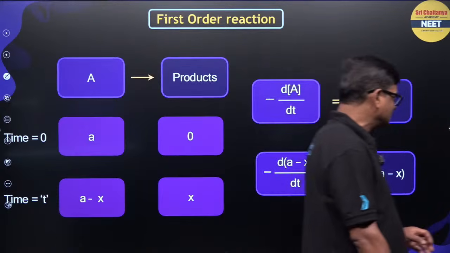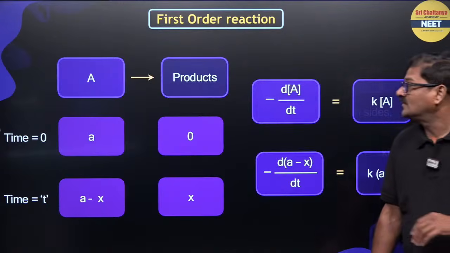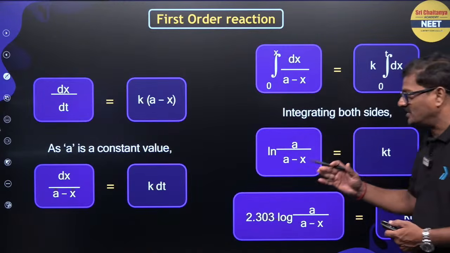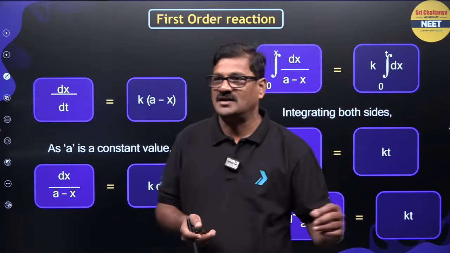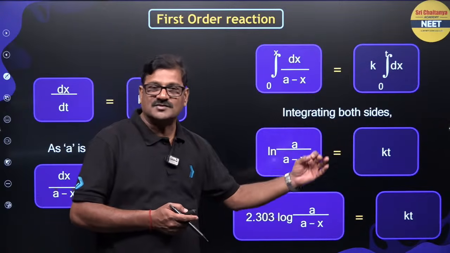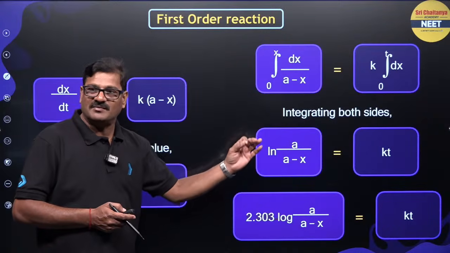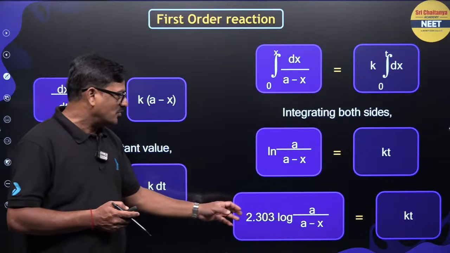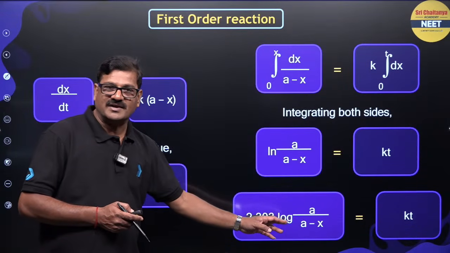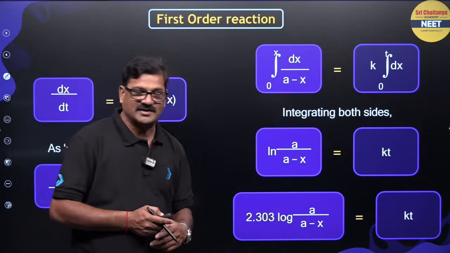Let us integrate here. When you take this integration from 0 to time t, and concentration from A naught to A t, integrating both sides, you get ln A by (A minus X) is equal to Kt. That is going to be 2.303 log to the base 10 of A upon (A minus X) is equal to Kt.